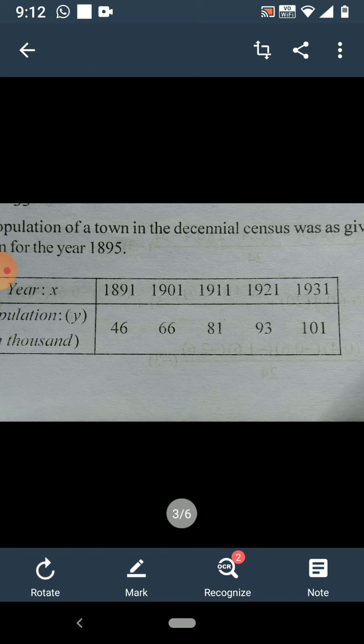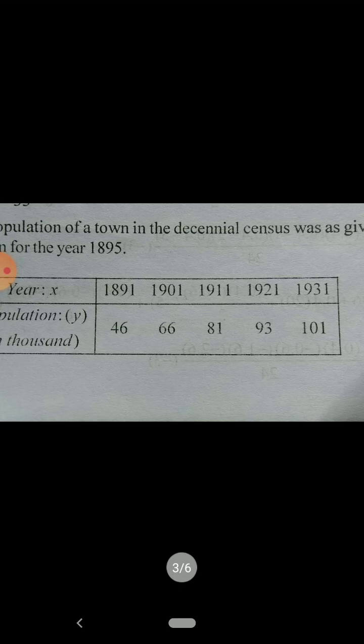When you have to find the value at the end of the tabulated values, at that time you have to use the backward difference interpolation formula. Today we have just seen the forward difference interpolation formula, and we have to find the value at the beginning of the given tabulated values, that is 1895. We shall apply Newton's forward difference interpolation formula.